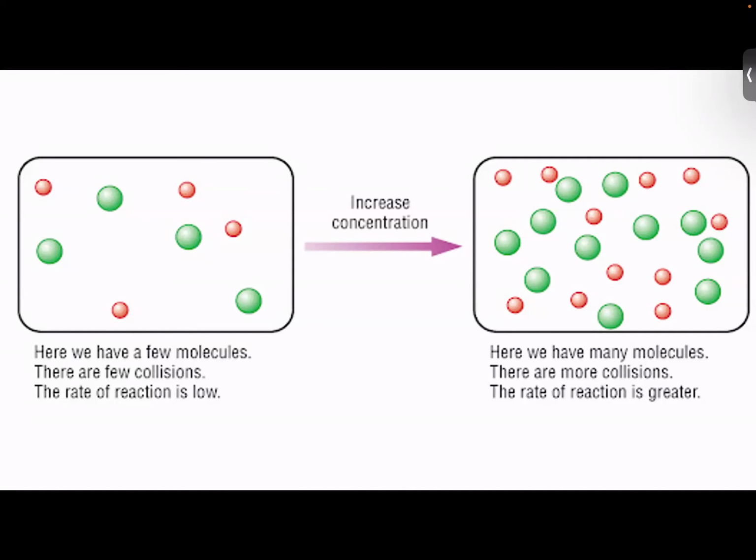But over here, you have 11 of A, if I counted correctly in my quick pass, and 11 of B. They're much more likely to collide over here because there's a higher concentration. So concentration impacts collision theory because the higher the concentration, the more likely the molecules are to collide.